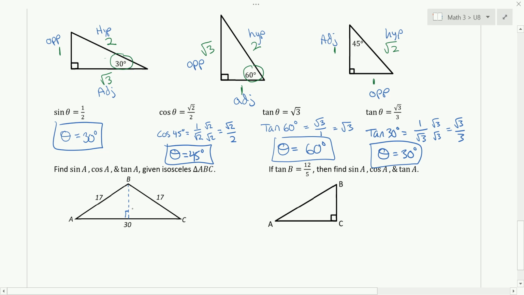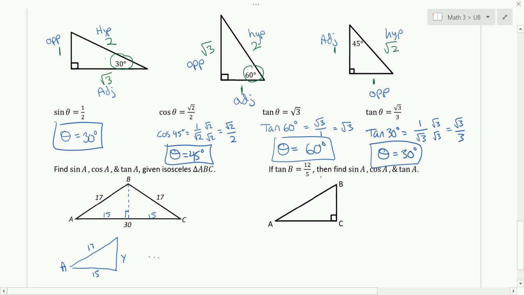Nice thing is, if you cut an isosceles down the middle, it splits it into two congruent right triangles. So this is going to be 15, 15. So you're just going to work with the left half. So this is A, 17, 15. And then you'll have to find this value using Pythagorean theorem. And then you got it. And so you'd have to finish that. I'll let you do that.